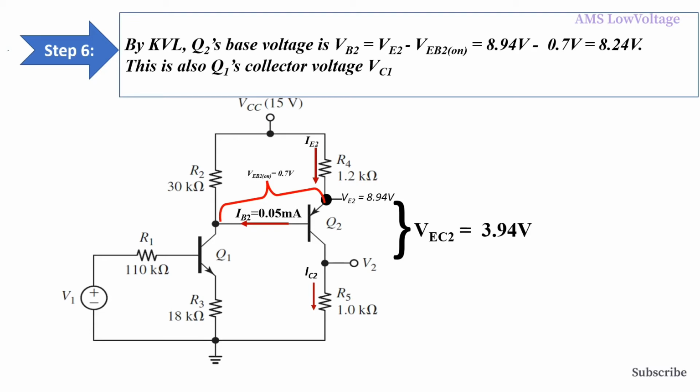That is also Q1's collector voltage, VC1. So I have put this value on the diagram like this.